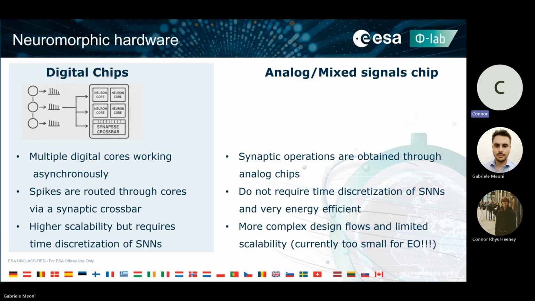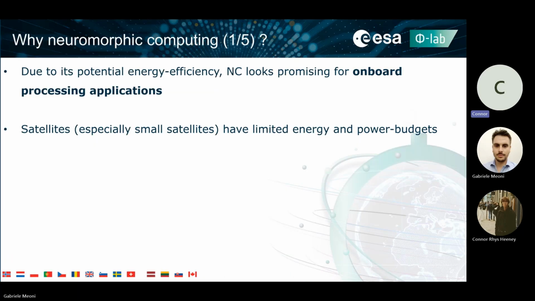They can really work as your brain does, because your brain is analog, not digital. They can profit from the fact that the current can be analog and not digital, and this might lead to an advantage in the way you model information. But unfortunately, they are not as scalable as the digital ones nowadays. So typically, they might be a bit difficult to use for Earth observation, but they might be a bit more energy efficient.